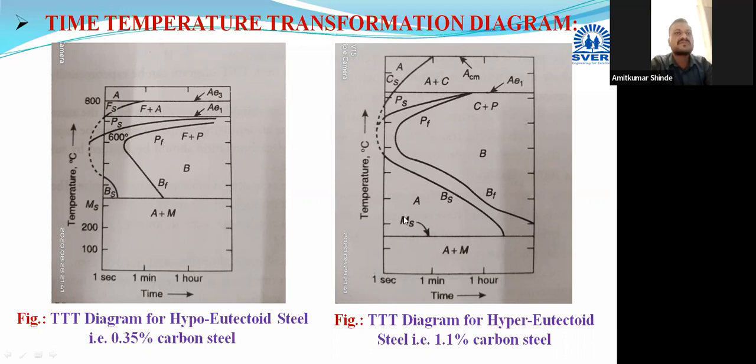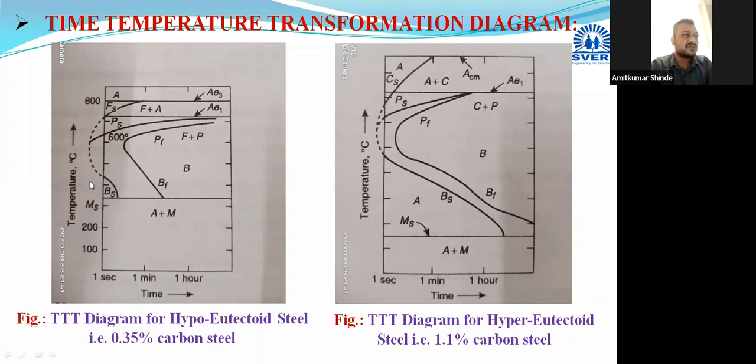Depending on the less carbon and more carbon, in the case of hypoeutectoid steels it is very difficult to get the martensite phase. Getting martensite is almost impossible here, because we have to use very fast or rapid cooling.